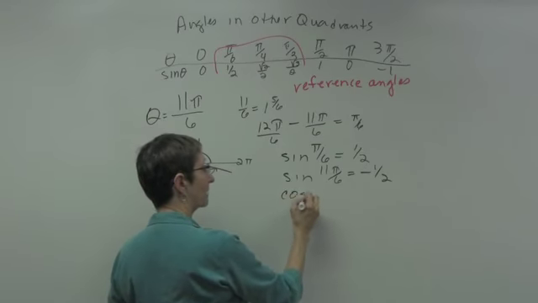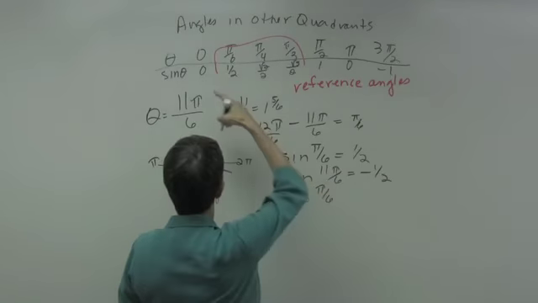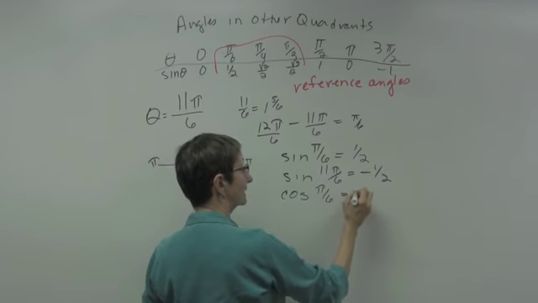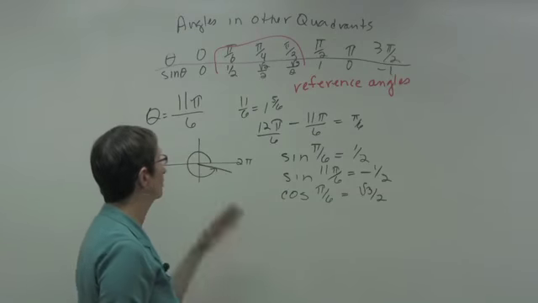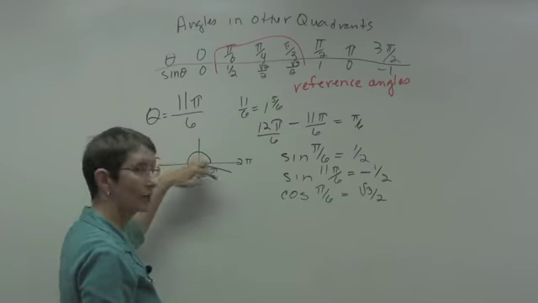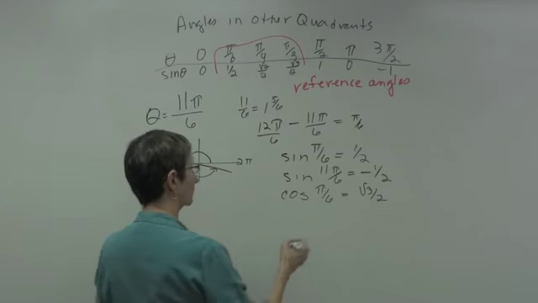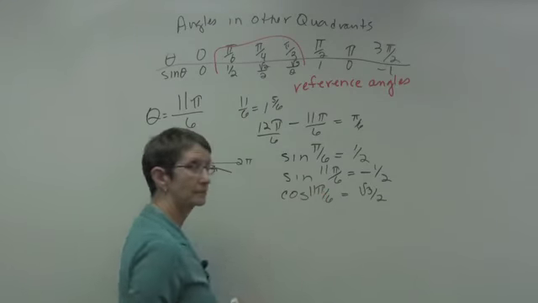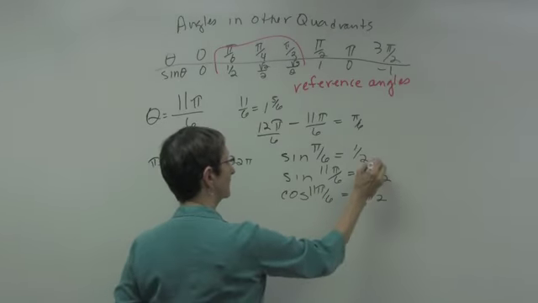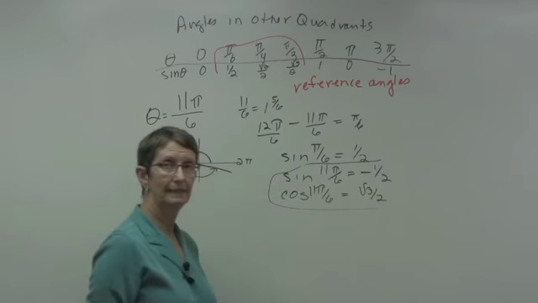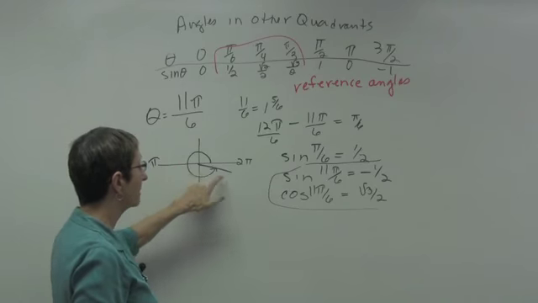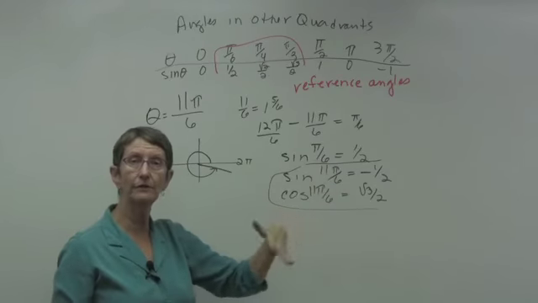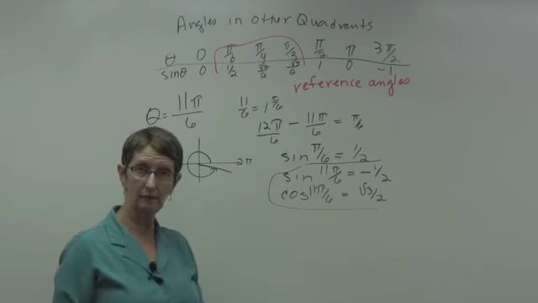My cosine of pi over 6 is not up there, but you will see that it is square root of 3 over 2. And that is also the same value, because cosine is positive in this quadrant, of 11 pi over 6. So this gives me my sine and cosine of an angle in the fourth quadrant, but I just use the angle that's in the first quadrant. I use the reference angle.